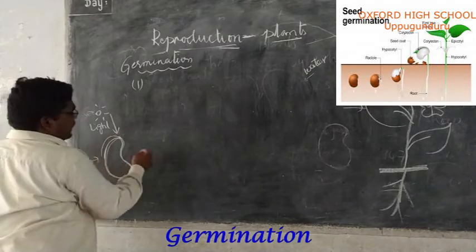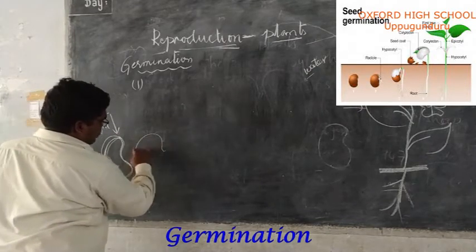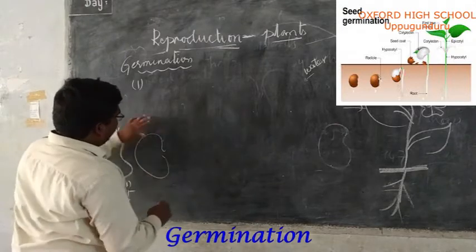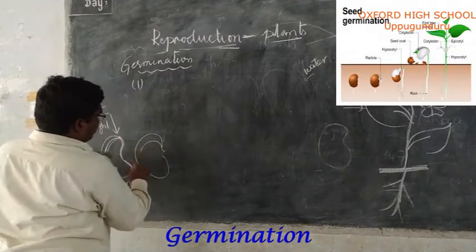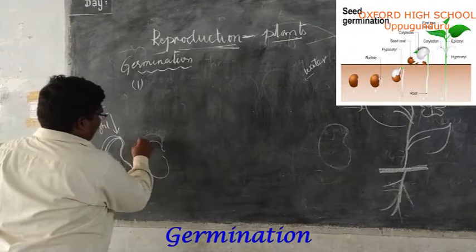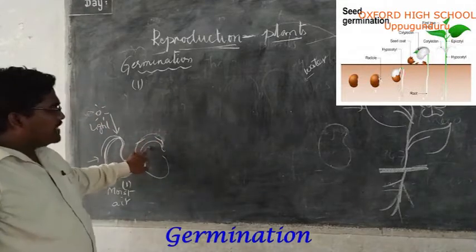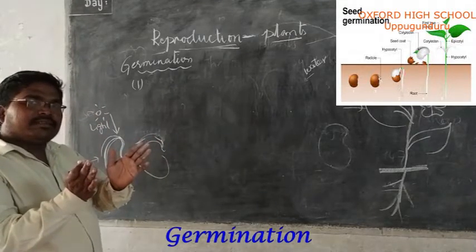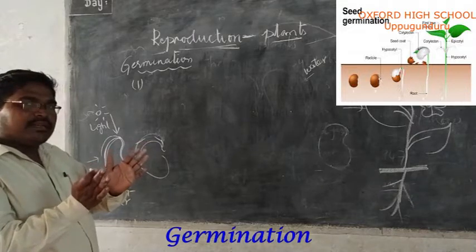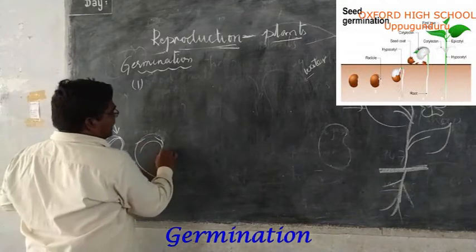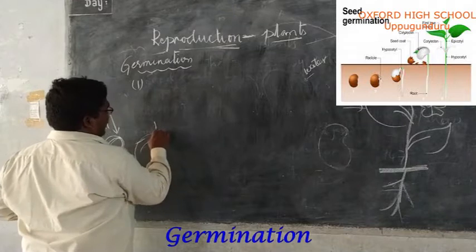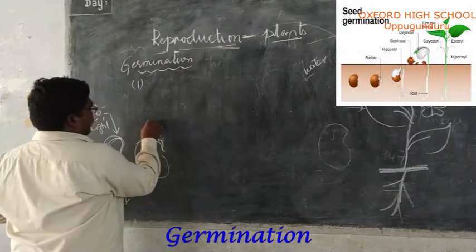the seed coat present on the seed bursts. Okay? The seed coat present on the seed bursts and it develops the new baby plant.